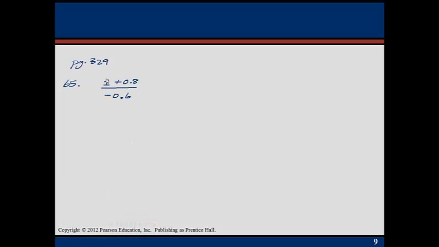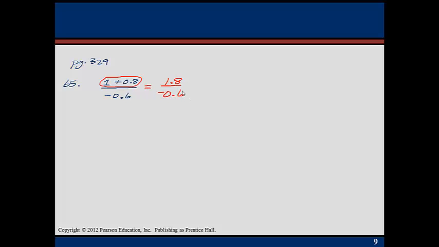So the first thing we're going to do is work on the top of our fraction. So we're going to do 1 plus 0.8. So adding these together, you should get 1.8 divided by negative 0.6.